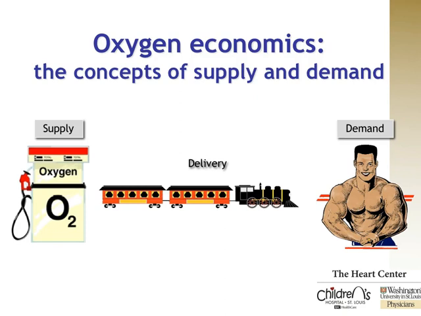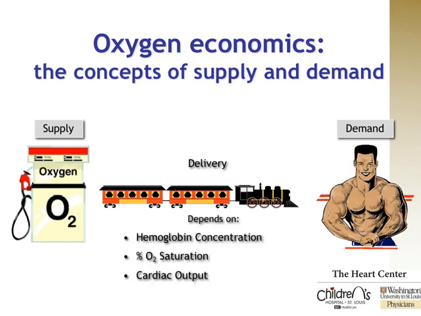The train analogy is a great way to help remember the key components that determine oxygen delivery. And oxygen delivery is really dependent on just three things: hemoglobin concentration, oxygen saturation, and cardiac output.